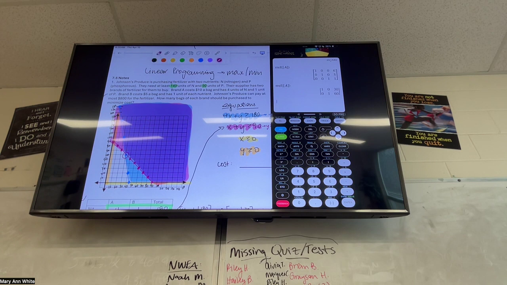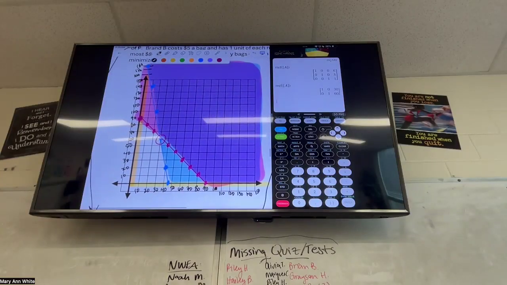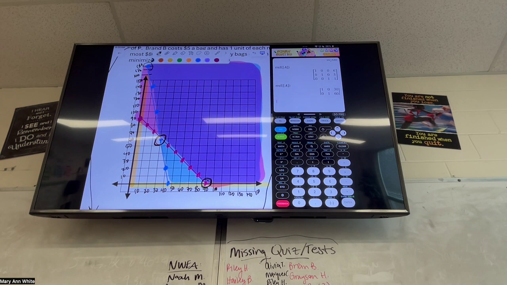I know literally all of these points work as well, but I care about 3 specific points. I care about where blue and pink cross. I care about where I have a pink point and blue on one of the axes, and where I have a blue point in the pink on the other axis.